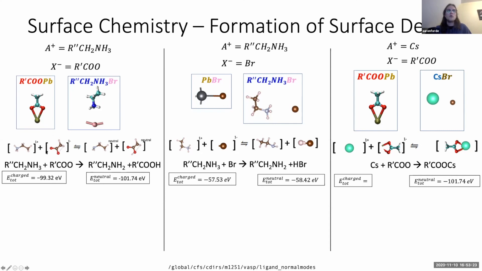So if we remove both from the surface, that helps keep charge neutrality, and the ligands will participate in chemistry which makes each of the products neutral. So to summarize, when the pairs leave the surface, they reduce their total energy. So there's some sort of driving force wanting them to leave the surface.